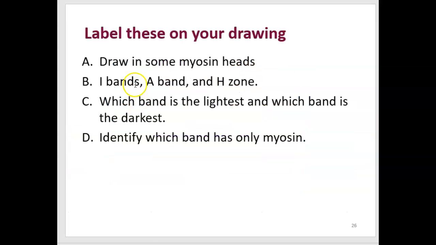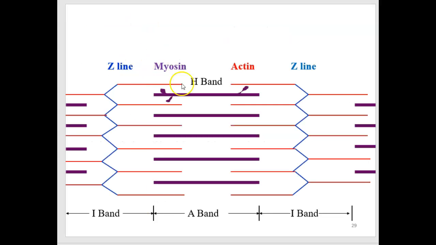And then you want to be able to label the I bands, the A bands, and an H zone. And make sure you know which is lightest and darkest, right? And identify which one only has myosin, of course. So here's the answer for all of that. But I want you to practice on your own, of course.